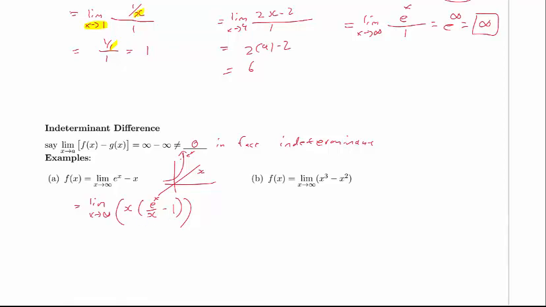Alright. Note that if you plug in infinity here, you get infinity over infinity, so we can use L'Hopital's rule. But first, let's break it up so that we have the limit as x goes to infinity of x, and then the limit as x goes to infinity of e to the x all over x.